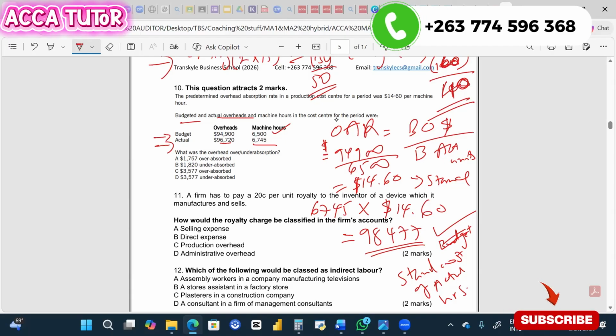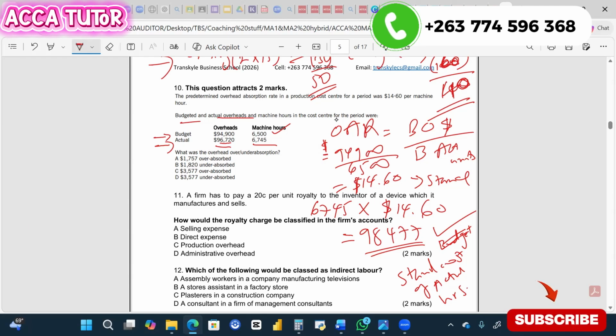So we need to compare that with the actual cost. When we are saying the standard cost of actual hours, we are simply saying the absorbed cost.